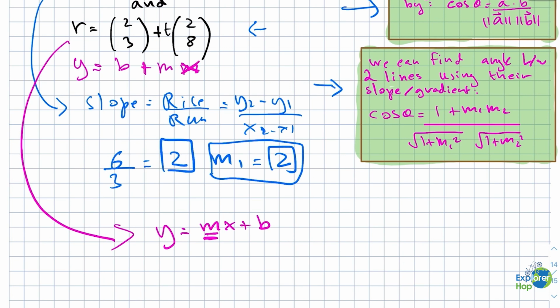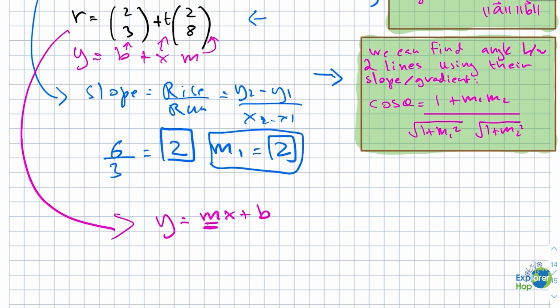So sorry, b plus xm, where t is representing x, this is b, and (2, 8) is the rise over run m. So the rise over run here is 8, since this is a y coordinate and this is an x coordinate, 8 over 2, which is equal to 4. So therefore m2 equals 4.